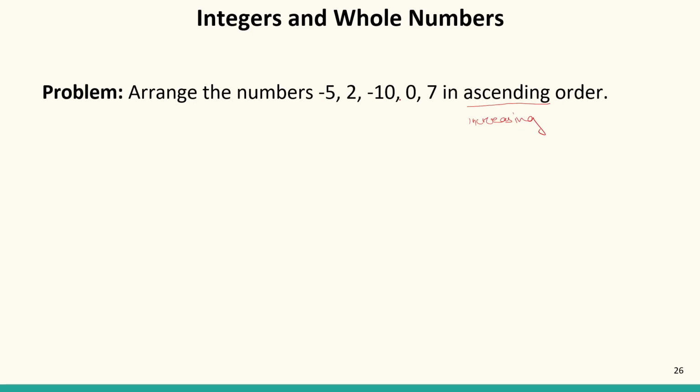Here you can see some negative terms, negative integers, so let's separate them. Minus 5 is here, minus 10 is here, and then we have 0 here, and we have 7 and 2 here. These are positives and these are negatives, and this is neutral.